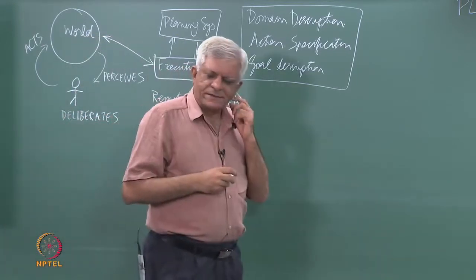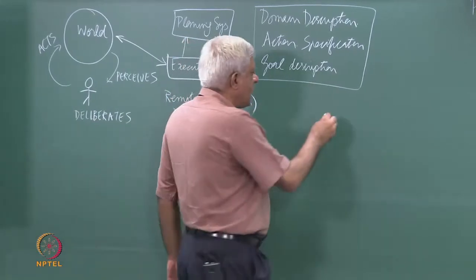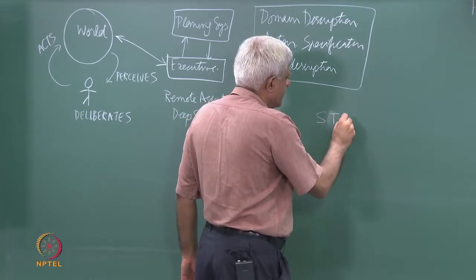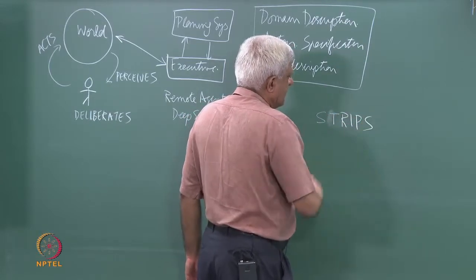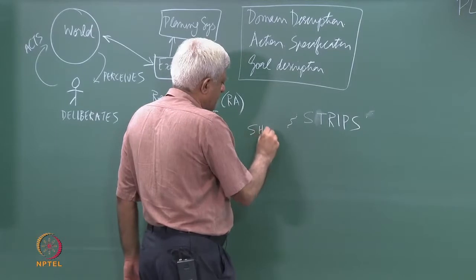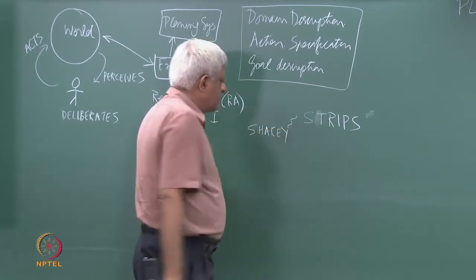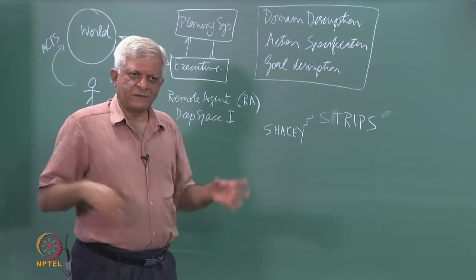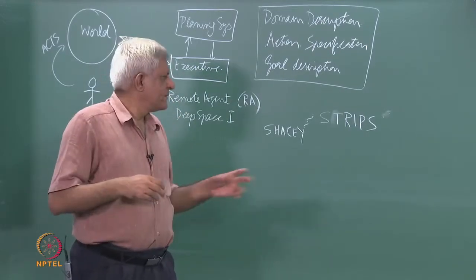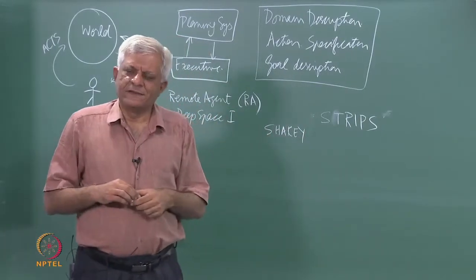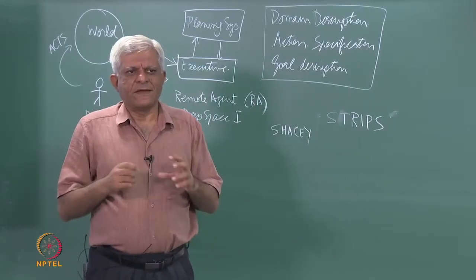So, one of the earliest planners that was built was called STRIPS, and we had possibly talked about it, at least in the context of this robot called Shakey. If you remember, Shakey was one of the earliest robots that was built in the computing community, which could roam around the corridors of Stanford University, maybe looking for power points and things like that, where it could charge itself. It had an onboard camera and it was on 2 wheels.